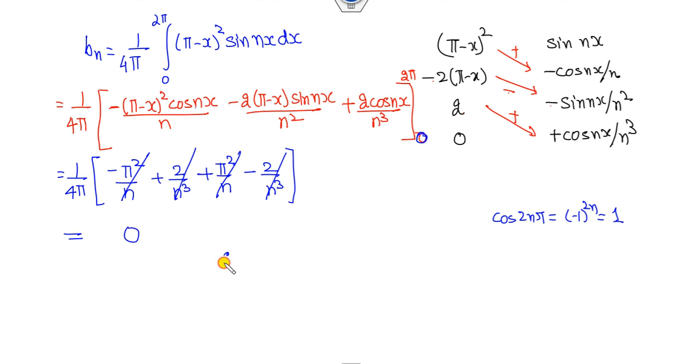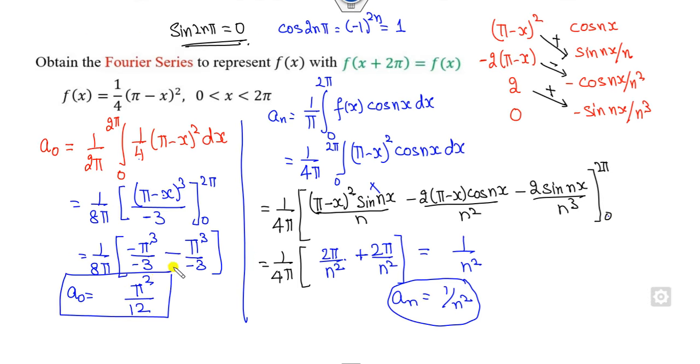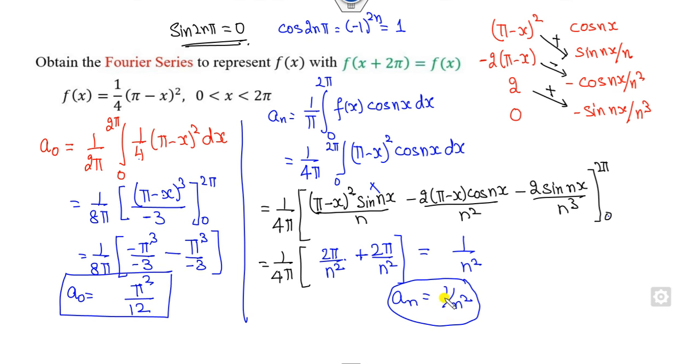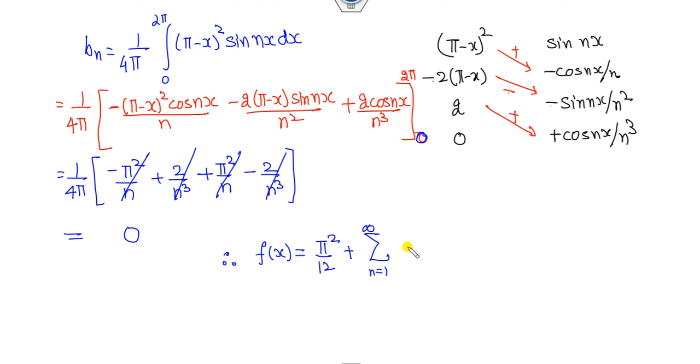Fine. So finally, what is my Fourier series? The Fourier series has a0 as pi square by 12, plus summation n varies from 1 to infinity of an. What is my an? It is 1 over n square, so this will be 1 over n square cos nx. Bn is 0.